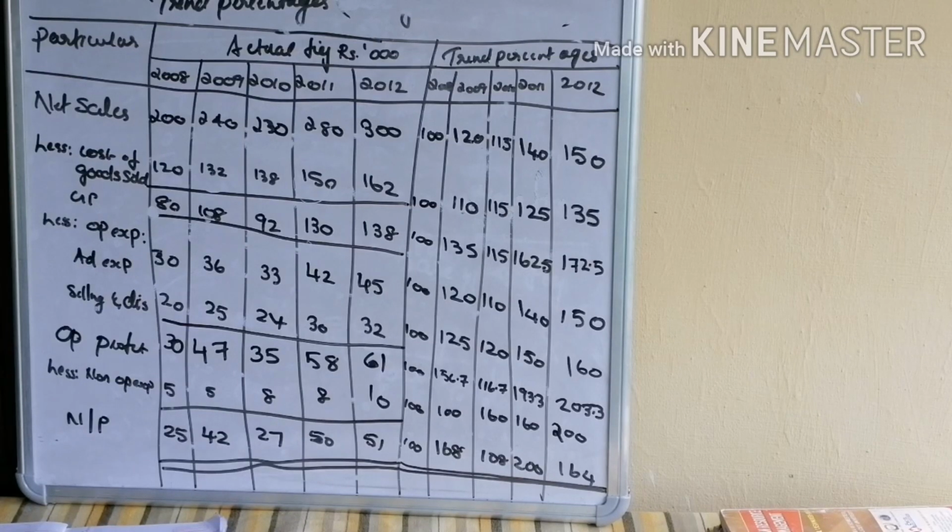And gross profit also registered impressive growth during this period. The increase in net profit is also satisfactory except in 2010 and 2012, mainly due to the increase in operating and non-operating expenses during these years. That is the interpretation of this statement.